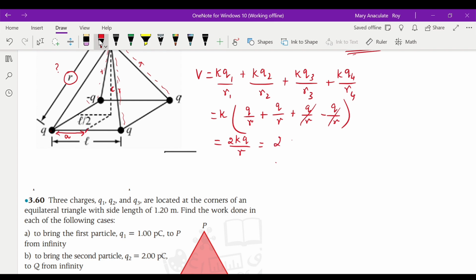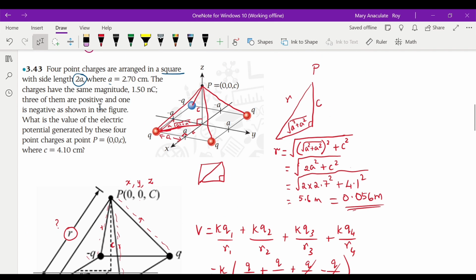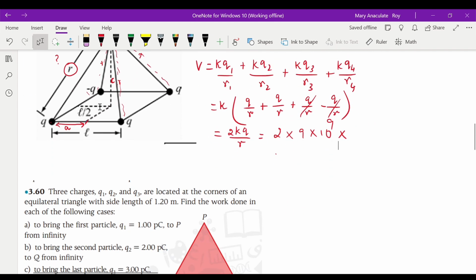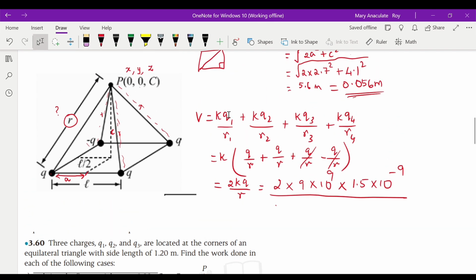So we substitute the values: 2 times 9 times 10 to the power of 9 times the value of Q, which is given as 1.5 nanocoulombs, so 1.5 times 10 to the power of negative 9, over R, which we calculated to be 0.056 meters. All of them are in standard units.